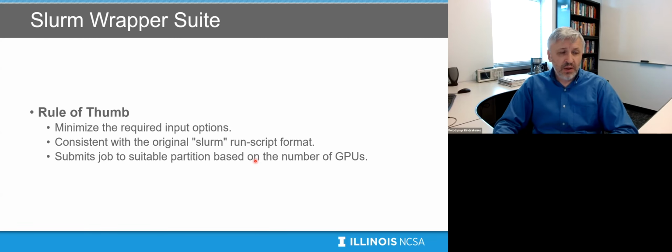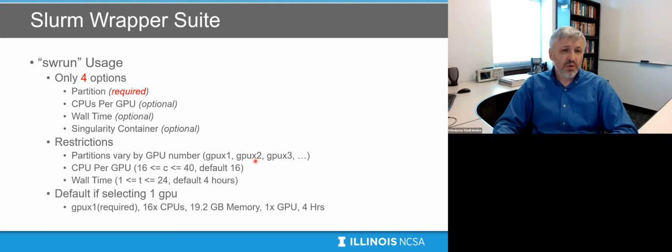Therefore, we use some pretty straightforward rules to decide what resource you need if you are asking for one GPU. We wrote a wrapper, a program called SWRUN, and we advocate everybody use this interface rather than using SRUN directly. That is much simpler to use. It requires only 4 options, and some of them are even optional.